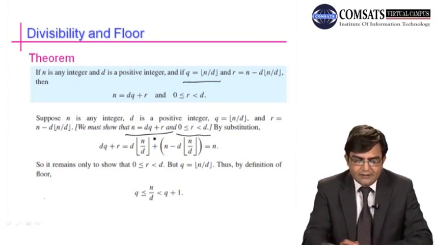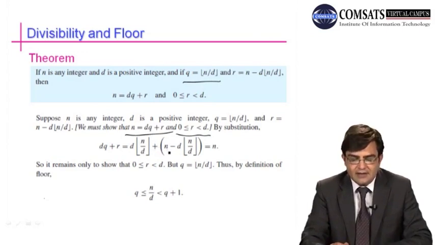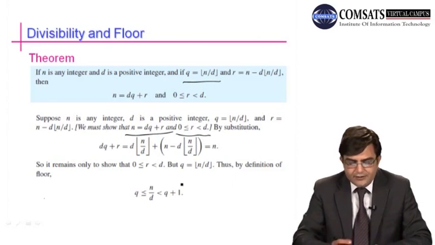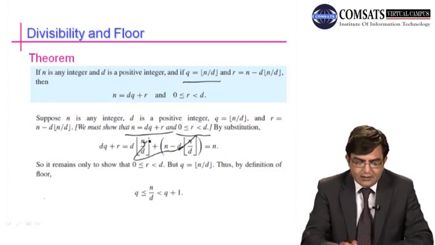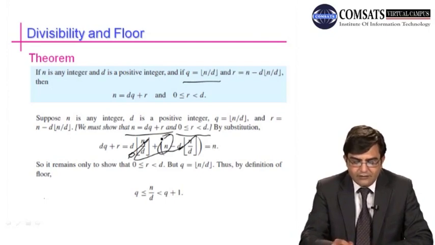So if we take the left hand side, dq plus r, q can be written as the floor of n by d, plus r, which is n minus d times the floor of n by d. If we simplify this, this will cancel out with this, and we are left only with n.